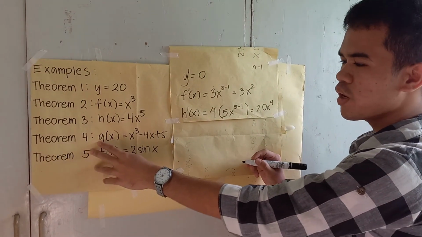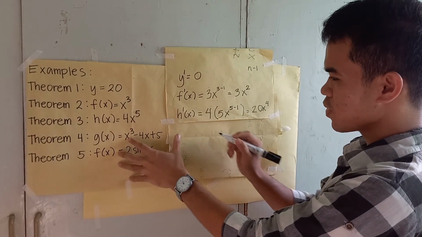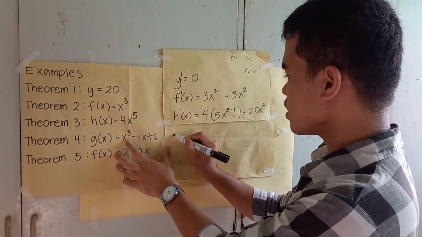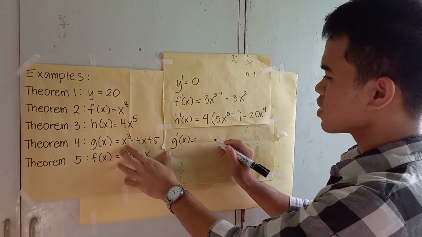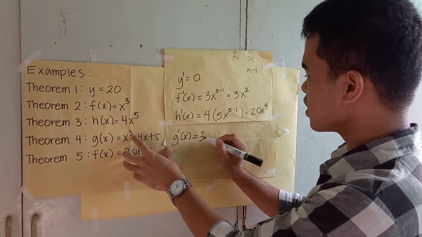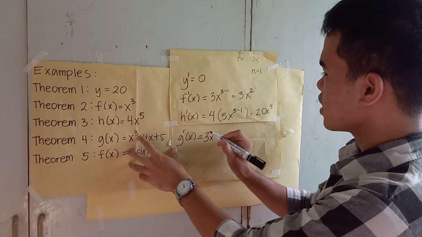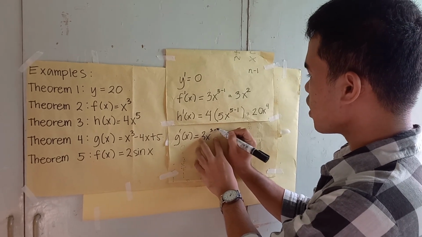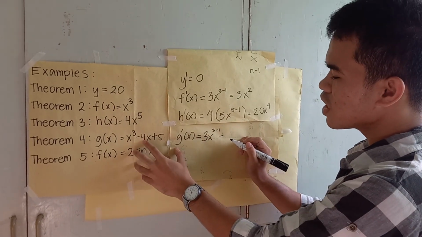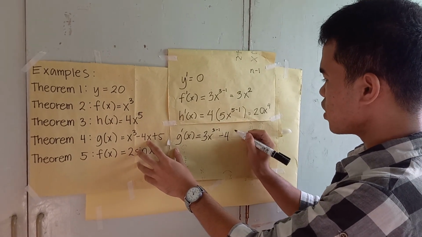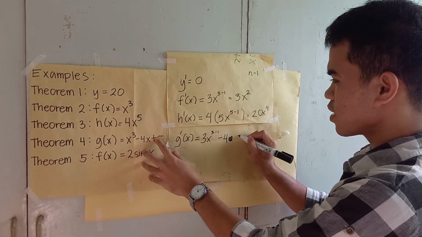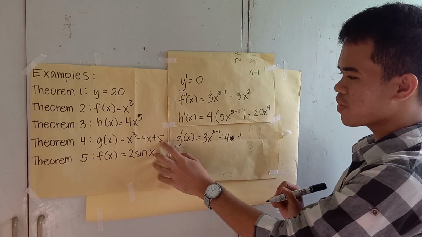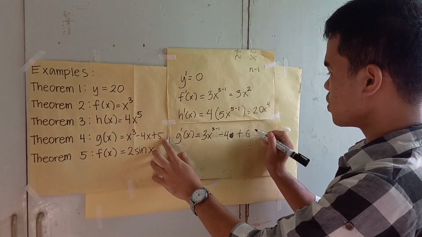For theorem 4, sum and difference rules. So here's the derivative, g prime of x equals, copy the 3 in x, 3 minus 1, minus the derivative of 4x equals 4, plus the derivative of 5, since it is a constant, equals 0.